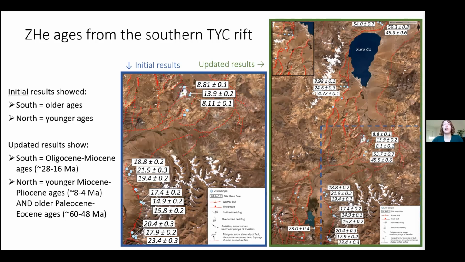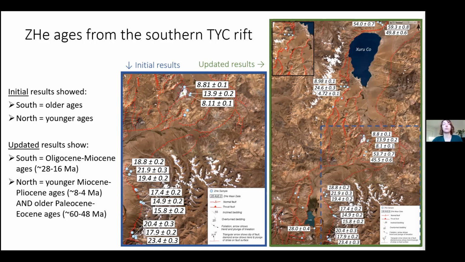So I think the idea behind this being more related to Gangdese thrusting is that we see these ages between around 28 to 16 Ma isolated within the Gangdese range. And this is true as you move to the east and west along the range as well.